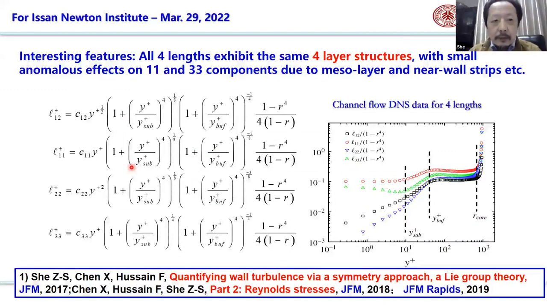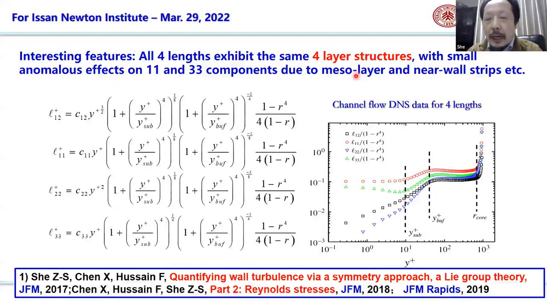The mixing length, or the stress length, and the vertical energy length have a very good structure, but the streamwise and span-wise energy lengths have slight anomalous effects due to what I call the meso layer.